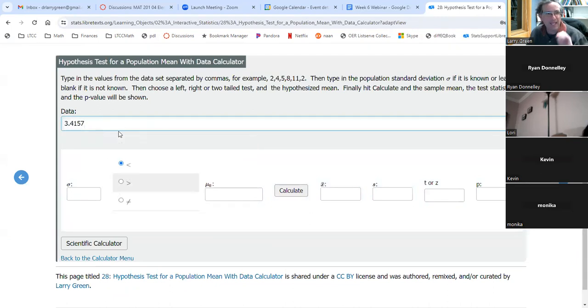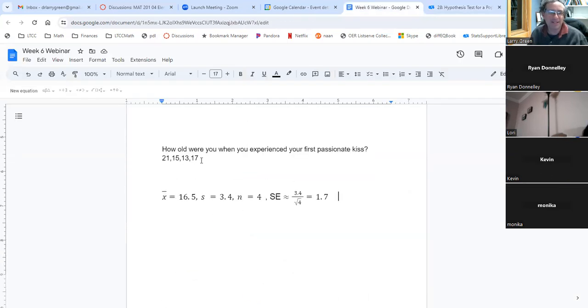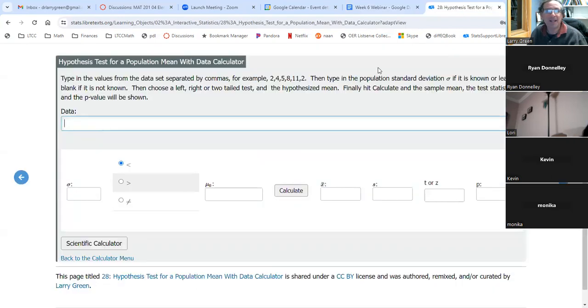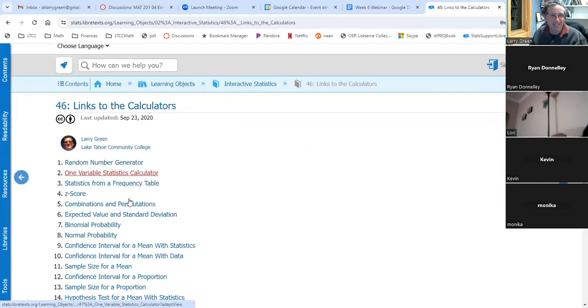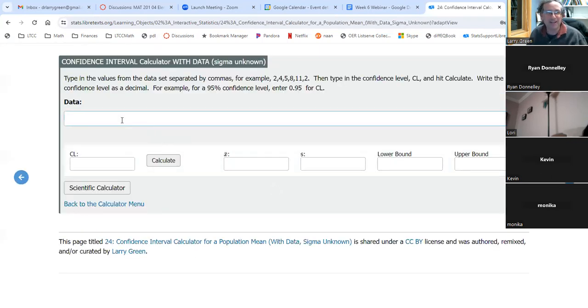And I think, yeah. No, that wasn't it. All right, let me recopy and paste the data in. Oh, sorry. No, I got the wrong one. Back to the calculator menu. I clicked the wrong one. Confidence interval for mean with data. I would have found that out right away as soon as I looked down.